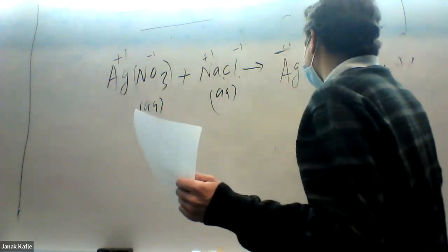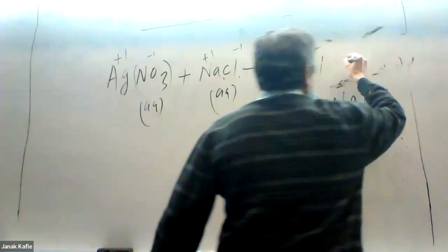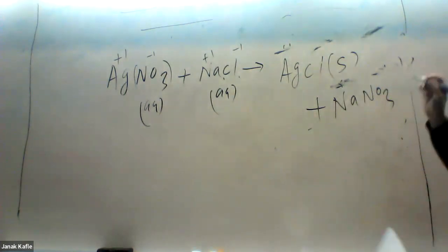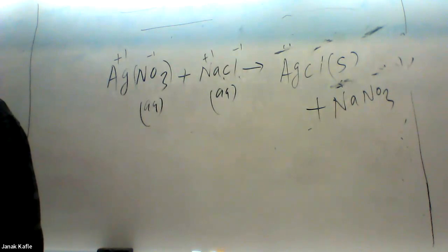Now let's look at AgCl. Is it soluble or not soluble? You can find Ag here and Cl here. Clearly there is a red button here, so it's insoluble in water. Everyone got that? So that's solid. Now, is NaNO3 soluble or not? Na is right here, NO3 is right here.